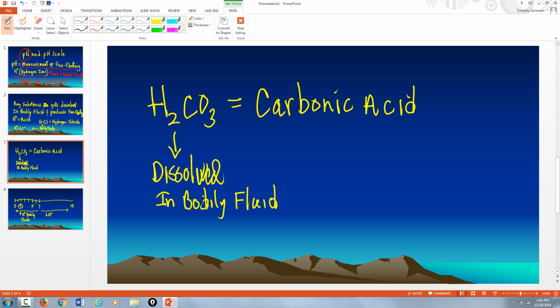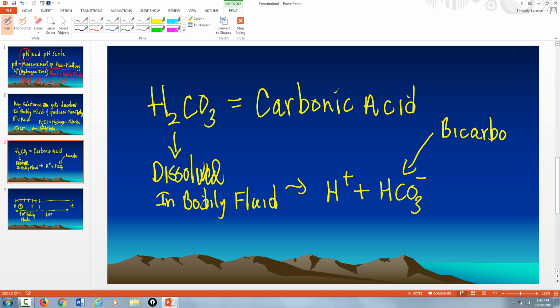Well, it's going to form free-floating hydrogen ions and this guy right here, which you're going to need to learn, called bicarbonate. That's another example of an acid. Why? When it got dissolved in bodily fluids, it produced free-floating hydrogen ions.